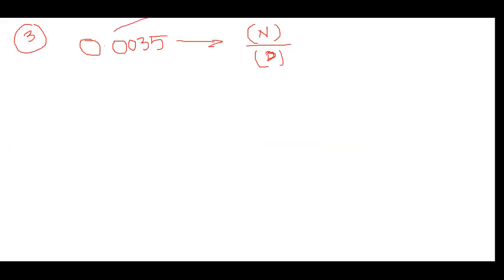Can you write this number in that form? Yes, fast, quick. Tell me the answer. 7 by 2000.